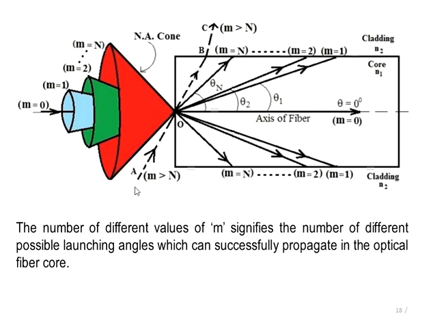So the number of different values of m signifies the number of different possible launching angles which can successfully propagate through the optical fiber. So we can say that light can be launched at certain discrete angles within the numerical aperture cone. Any light ray that is not launched at these angles will not propagate inside the fiber core.